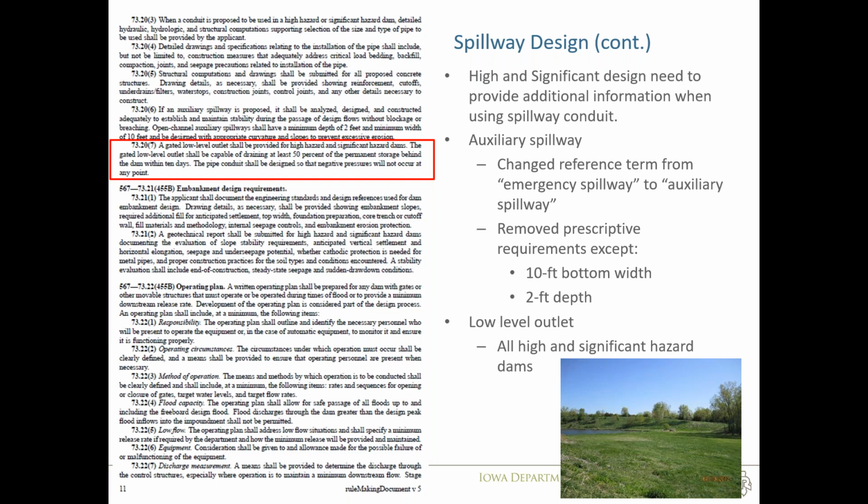And then low level outlets used to be required for a major dam to drain 50% of the storage, and we've just changed that to be all high and significant. But still the 50% is the same criteria.